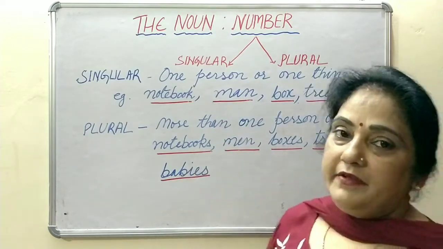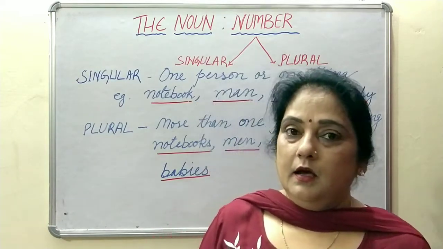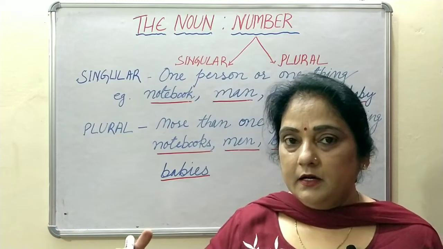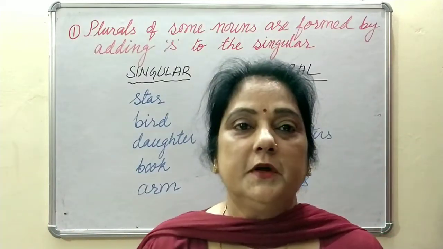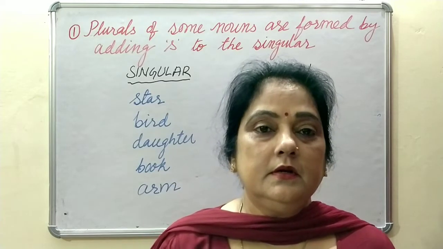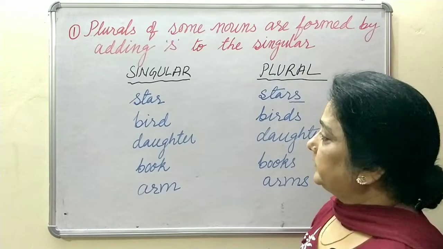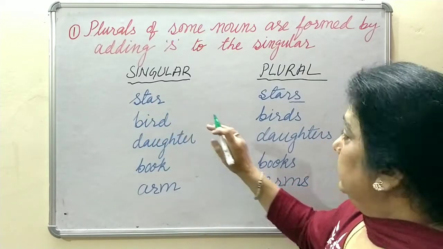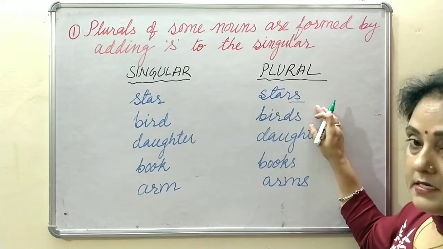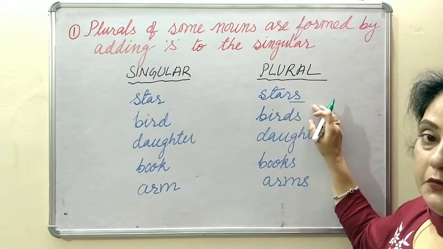Now there are many ways of forming plurals. So we will read one by one and learn them. Plurals are generally formed by adding S to the singular form. For example, star. Star is singular. When we say stars, we add S to it, then it becomes a plural.